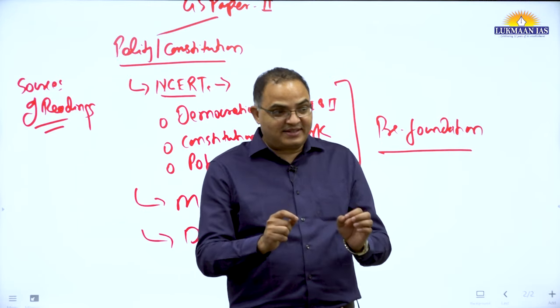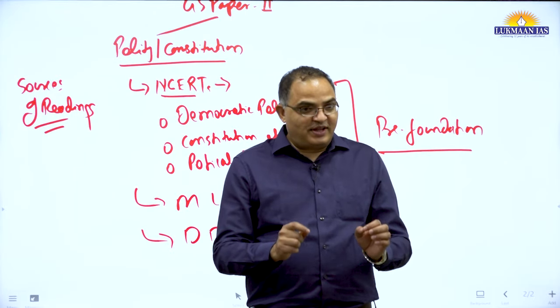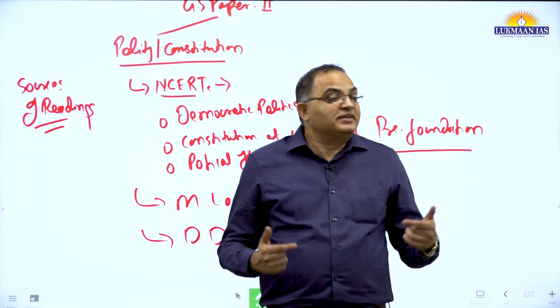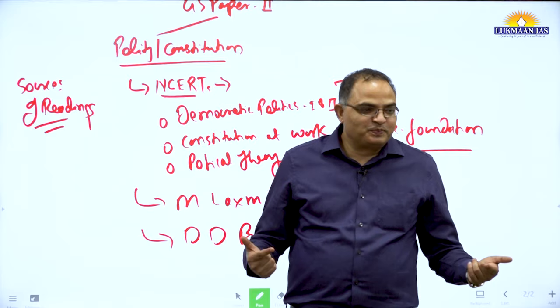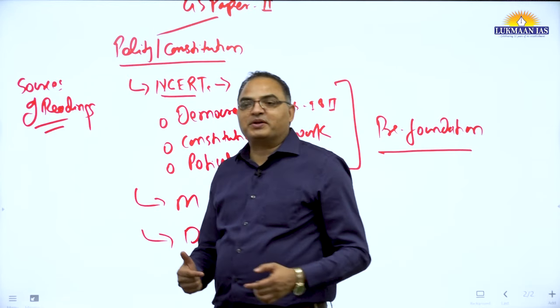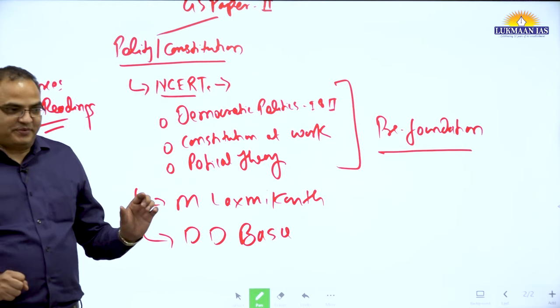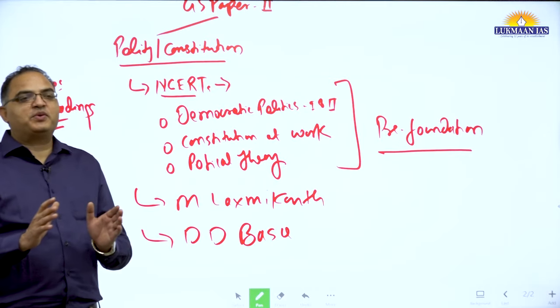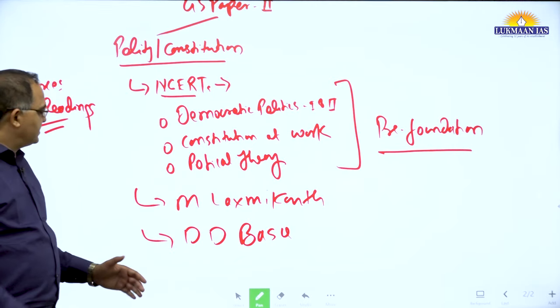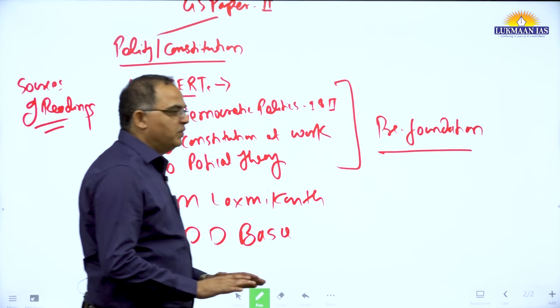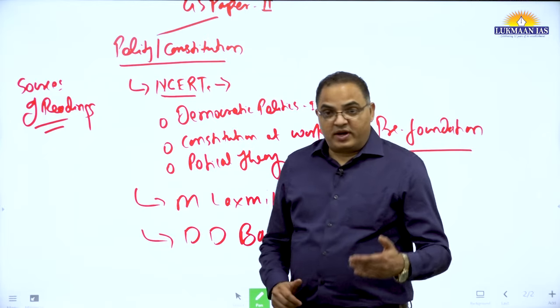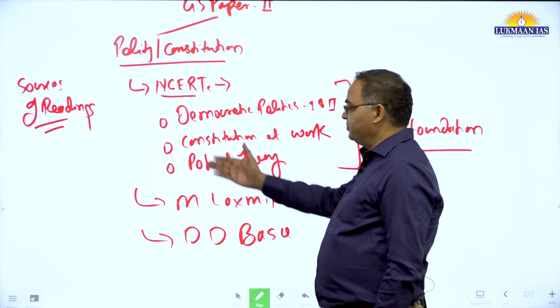What exactly is the characterization? How can we know which one is the most appropriate? Lakshmikant will not give you this understanding. It is DD Basu which will give it. That's why we told you. Just to understand, DD Basu is a book which you can enjoy provided you go through the process.